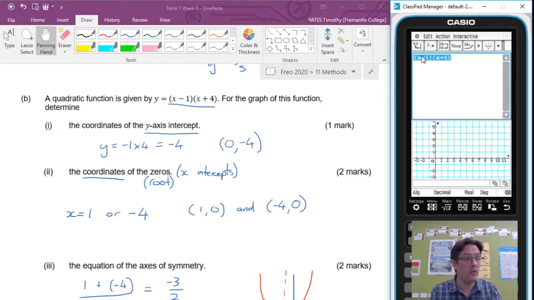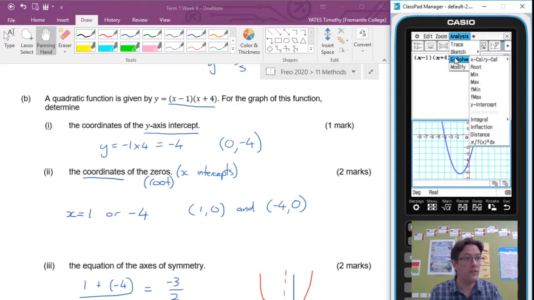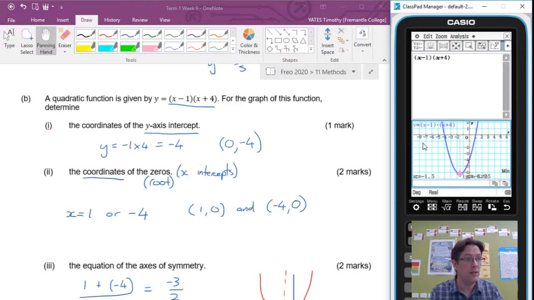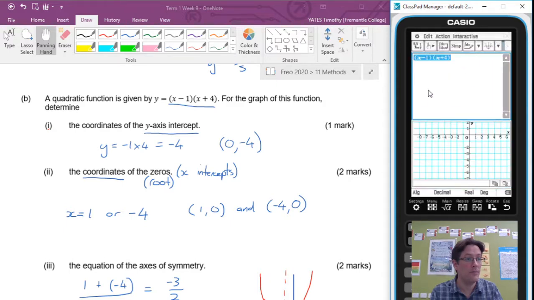There we go. Negative 4, 1. I can go analysis, G-solve, find our minimum. That is as expected. Negative 1.5 and negative 6.25, which is pretty much what I expected there. So let's get that back up.